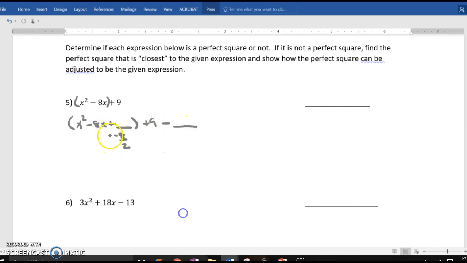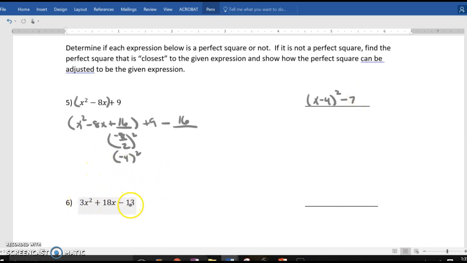So negative 8 divided by 2 squared is going to give me negative 4 squared, which is plus 16. I have to come out here, subtract 16. And now I end up with x minus 4. Remember, that's just half of b, all squared. And then 9 minus 16 is minus 7.